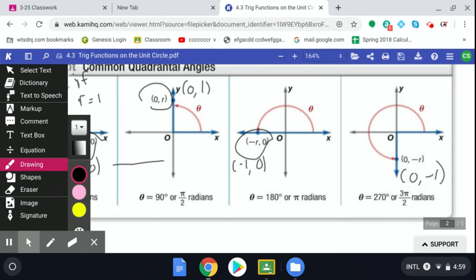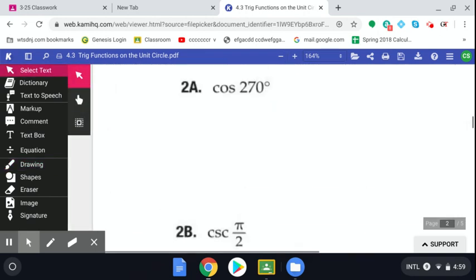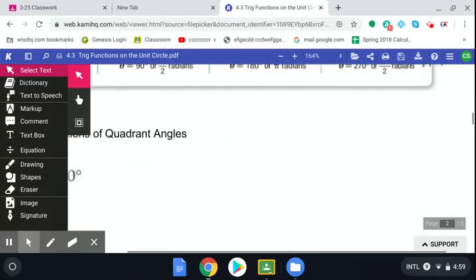So just like we mentioned before, I want you to think of the first number, the x, as cosine, and the y as sine. X is cosine, y is sine, and so forth.